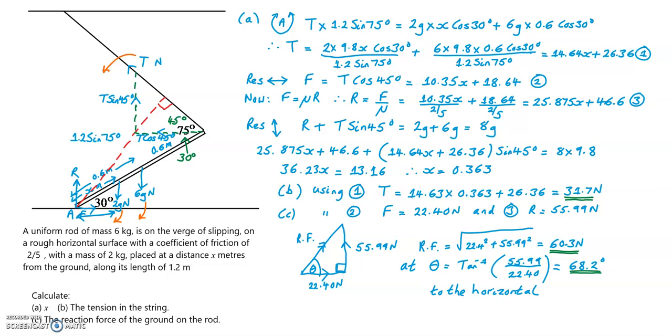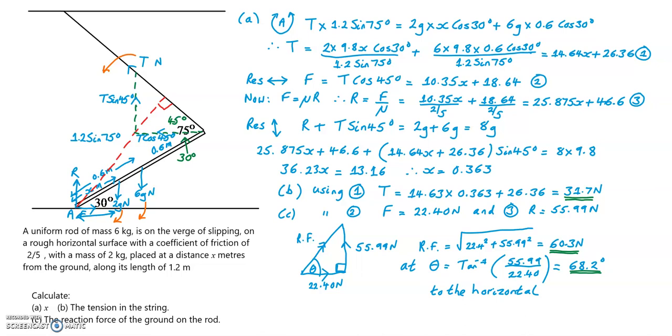Now the x cos 30 is this distance shown in blue here, because I want the perpendicular distance that the 2G weight makes with point A, which is that horizontal distance there, which is the adjacent, and the hypotenuse is x meters. So that horizontal distance is x cos 30 degrees. And similarly, I need to add the moment that the 6G weight produces, which is 6G times that horizontal distance, which will be 0.6 cos 30 degrees.